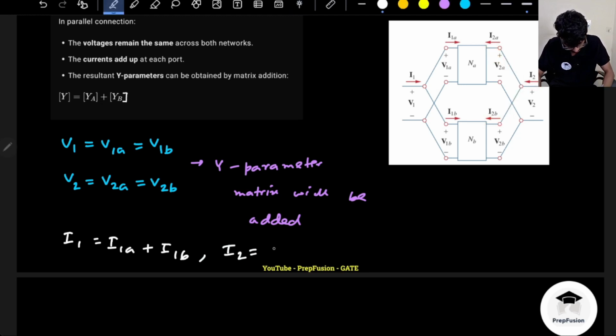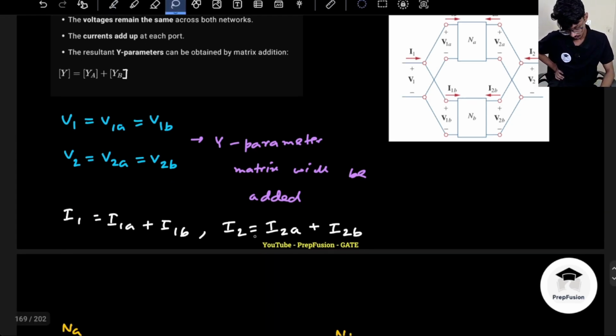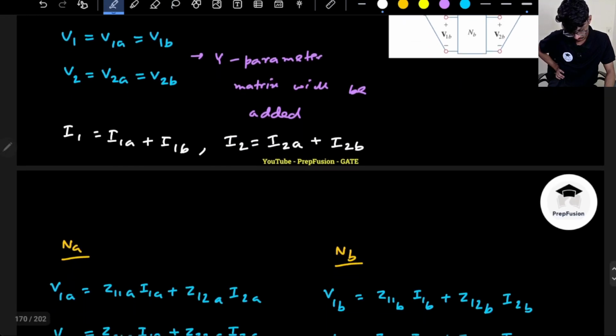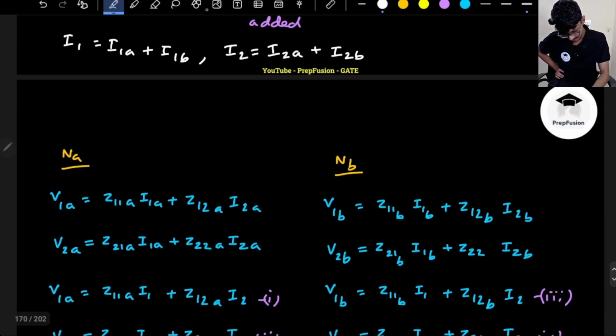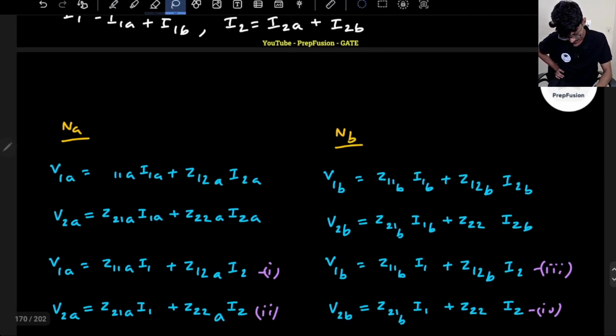So it will be I2A plus I2B. So this is my current basically. Now I have to replace everything: all of this will be Y, and this will not be Z. It is exactly the same process as the previous one.